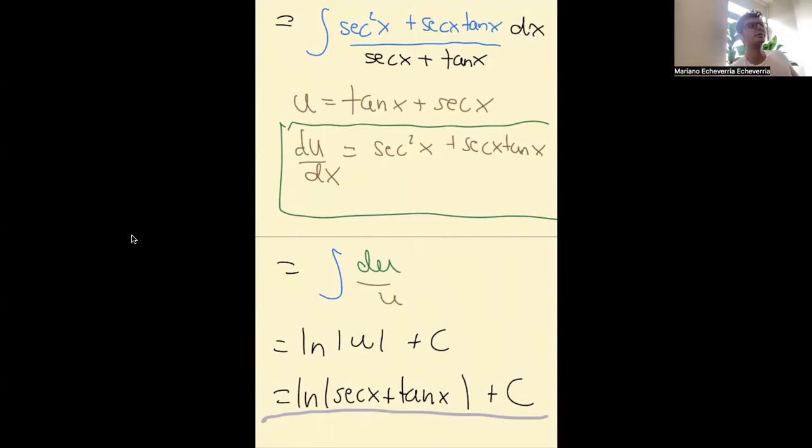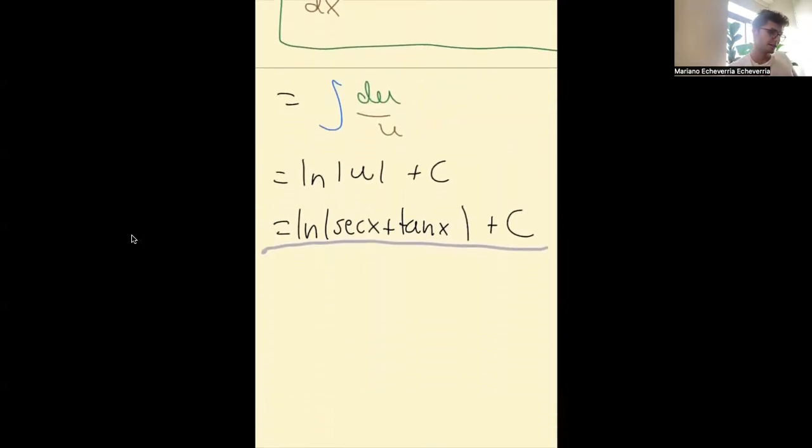Okay, now let's do this one, which is also interesting. This one is a fun one. So let's try to think about what to do for a problem like this.